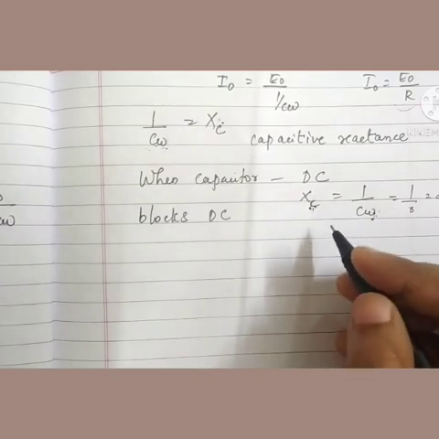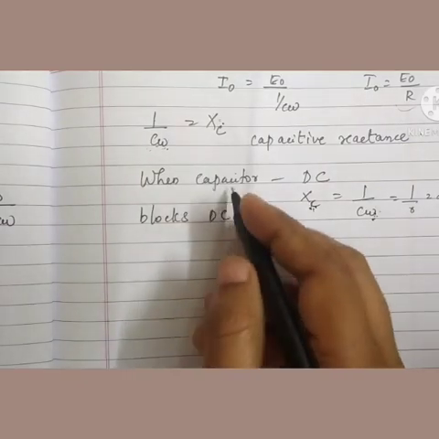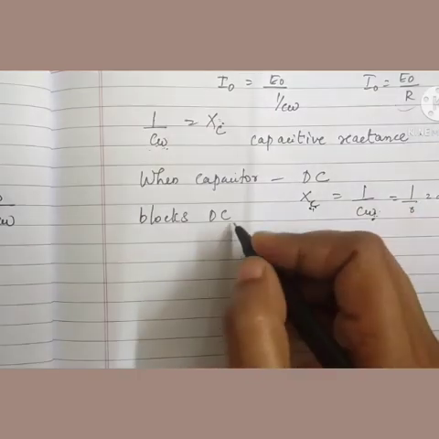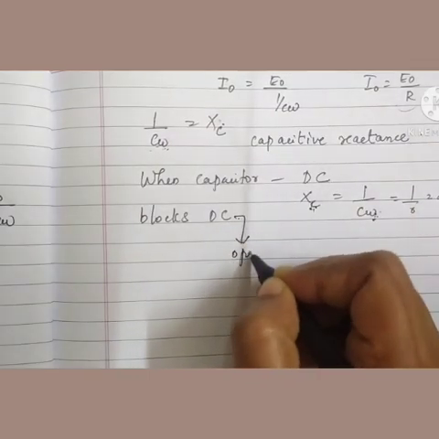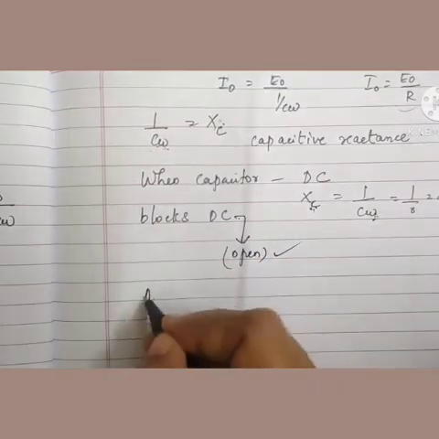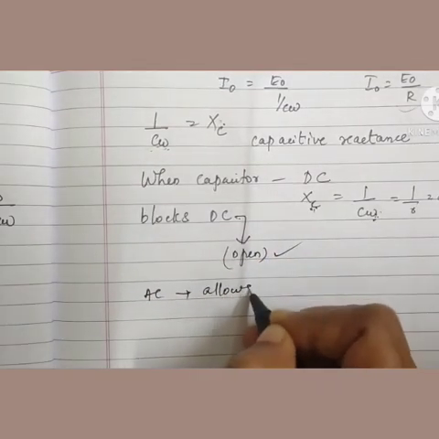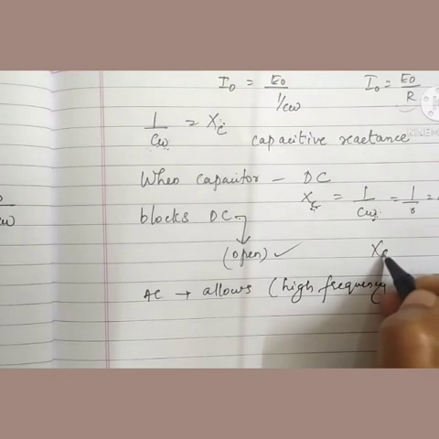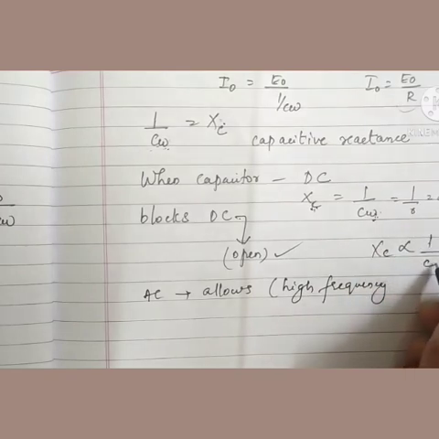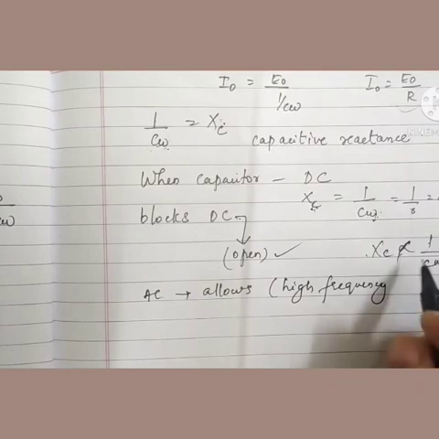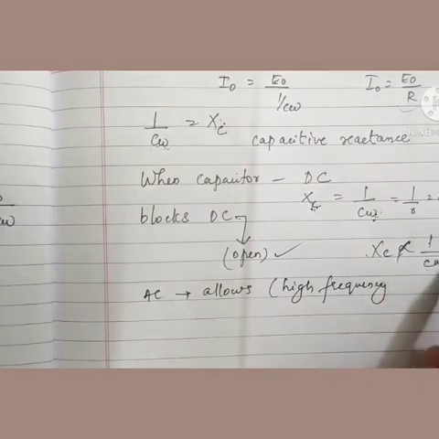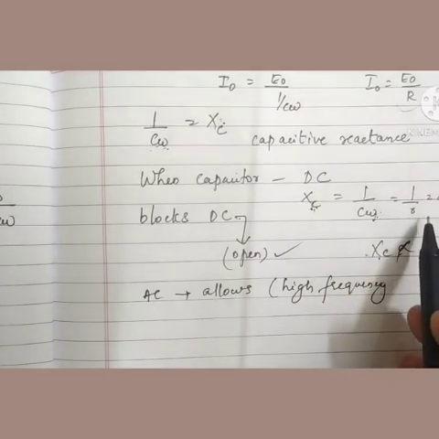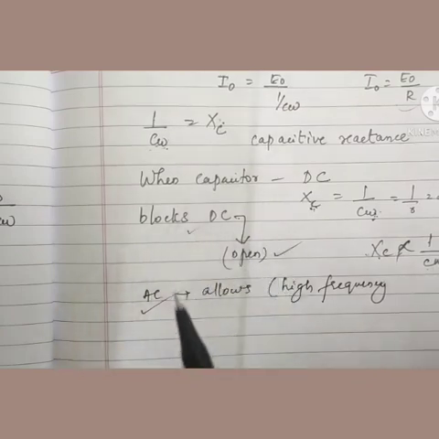You can say that it acts as an open circuit for DC. Here Xc is inversely proportional to the capacitance and the frequency. As the frequency increases, Xc decreases. So Xc decreases means current can be passed through it. That is why it allows AC while it blocks DC.